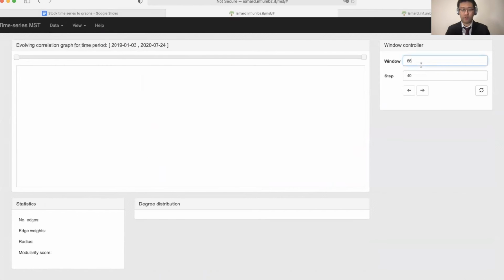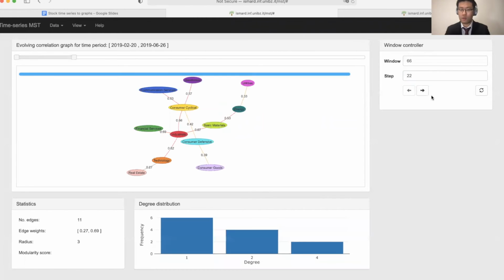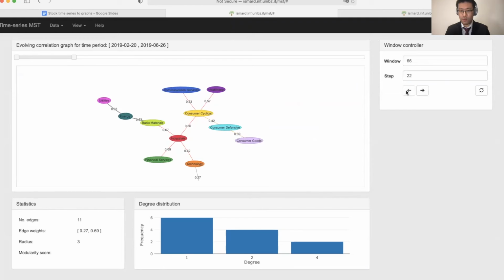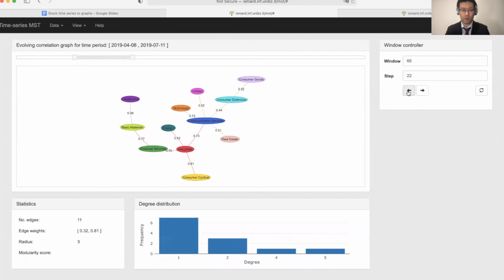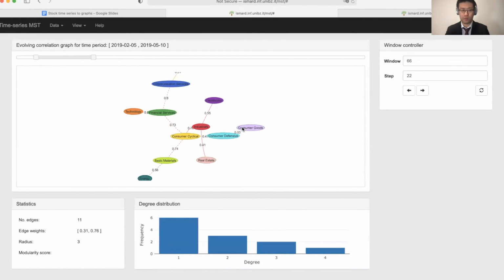Here we can fix the window length, which represents this kind of sliding bar, and also the step size. We can choose, for example, 3 months as a window length and a step size of 1 month, 22 working days, for example, and compute the correlation graph. Next, we can use these two buttons, one to move forward and one to move backward.